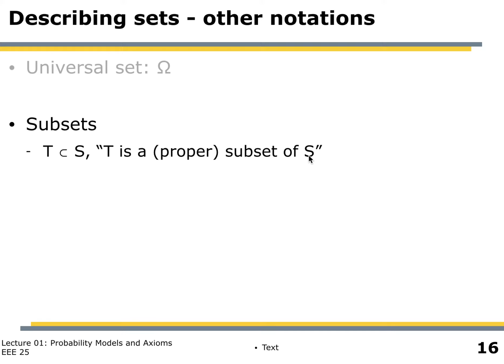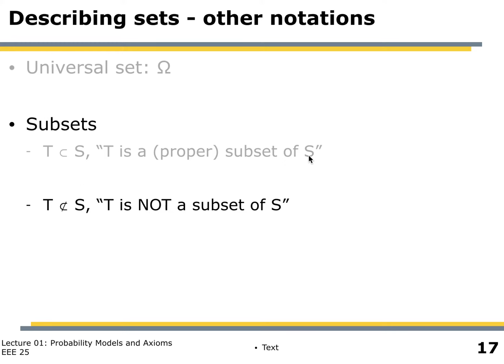So T there is a proper subset of S. In some cases, when you are referring to a set that is not a subset of S, we have this notation right here, similar to elements. Here you have the symbol for a subset with a slash on top of it, and this notation says that the set T is not a subset of the set S.